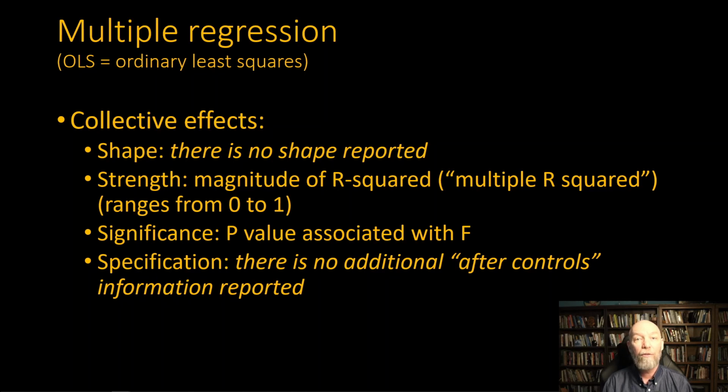So collective effects is just summing up how much effect overall is being explained by this set of independent variables, and we can't have a direction. So there's no shape reported in collective effects for multiple regression.